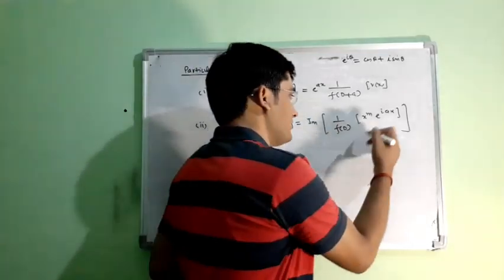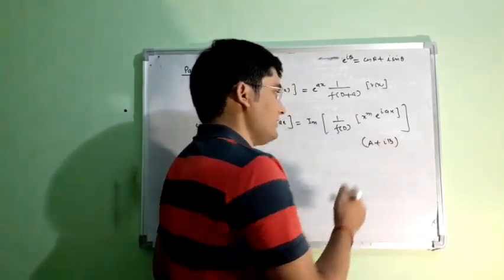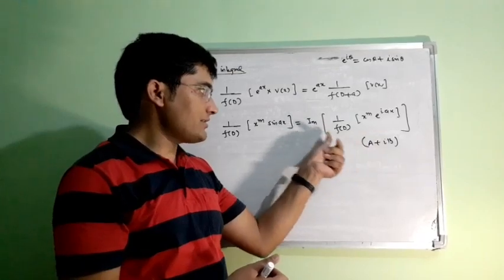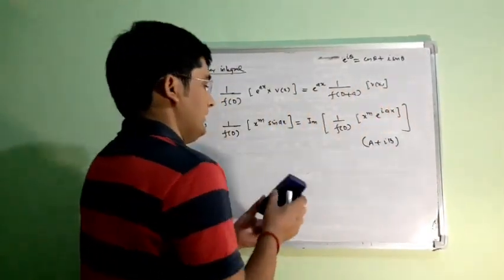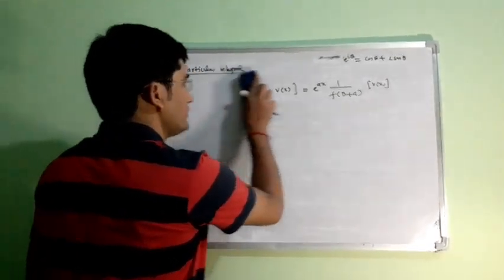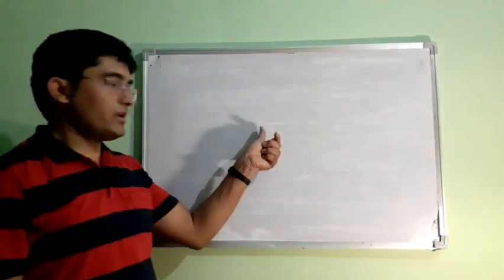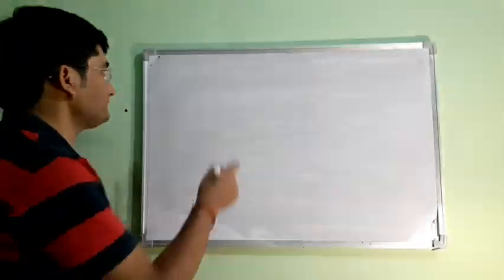So the answer will be the imaginary part of this term. Let us solve questions related to these two formulae, and we have a similar formula for x to the power m into cos ax, for which we will take the real part.